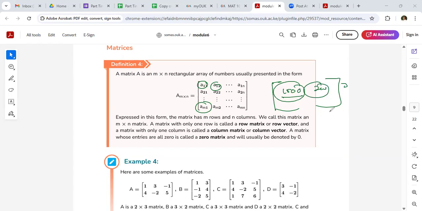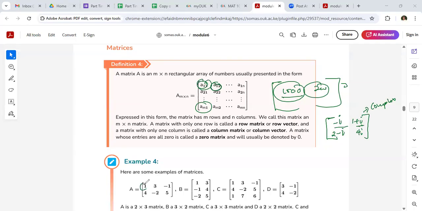And later on, we shall have even complex matrices where the entries are, for example, negative i, 1 plus i, 2 minus i, 4i. It's a matrix, but in this case it is a complex matrix because the entries are complex. So the entry here can be any real number.